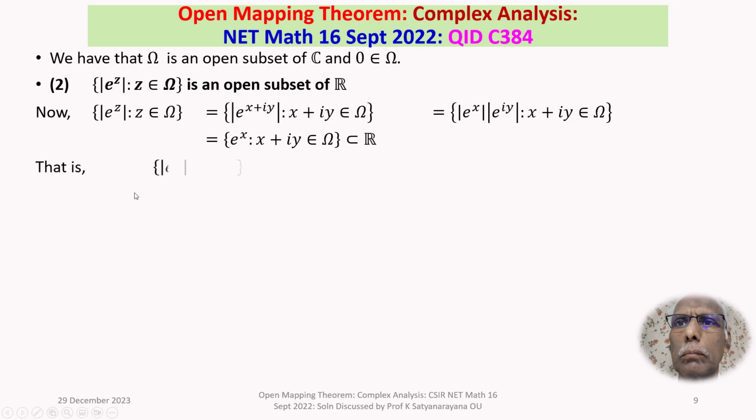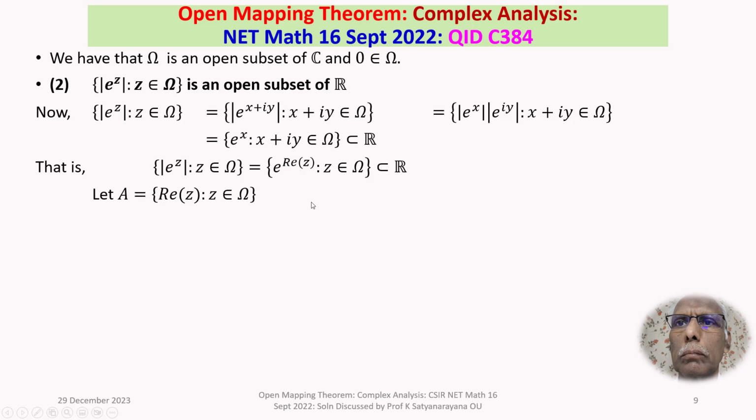So the set of mod e power z, z belongs to omega, is equal to the set of all e power real part of z. What is x? x is the real part of z where z belongs to omega, and it is a subset of R. Let A be equal to the real part of z where z belongs to omega.